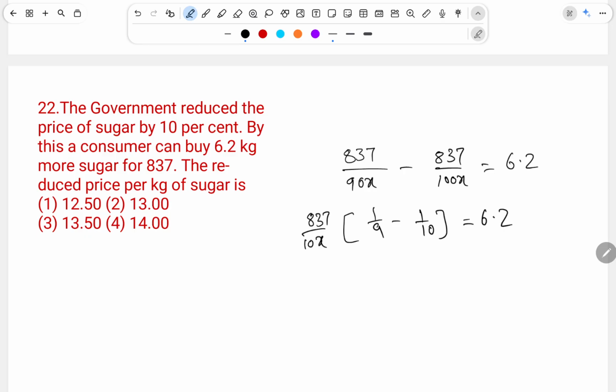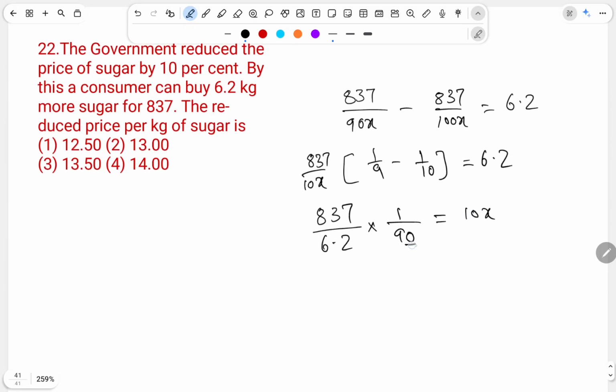Transpose 10x to the right hand side: 837 by 6.2 into 90, 10 minus 9, 1 is equal to 10x. Now in this, 90 and 10 if you give here, it becomes 62. 837 by 62 into 1 by 9 is equal to 10x.